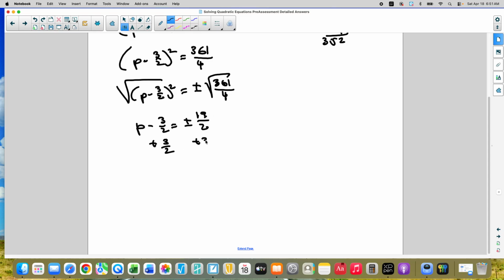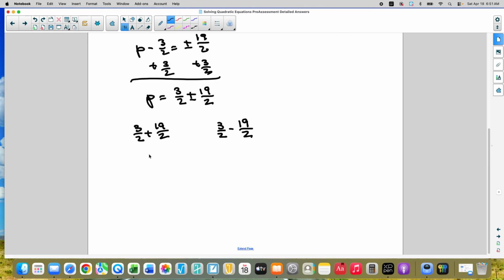Add 3 halves. p equals 3 halves plus or minus 19 halves. 3 halves plus 19 halves, 3 halves minus 19 halves. That's going to give us 22 halves, or 11.